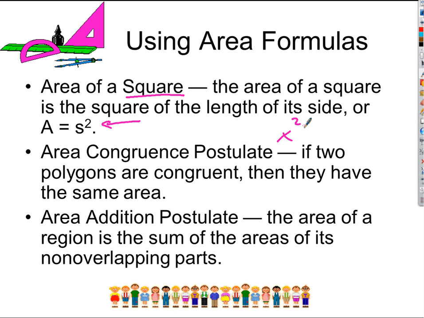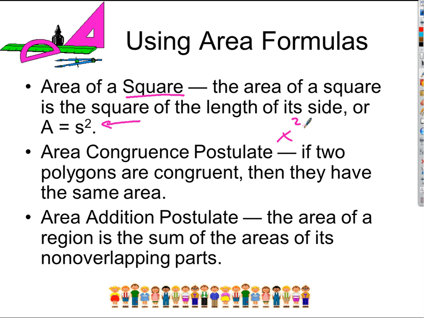It falls into the category of, does this make sense? If two objects, two polygons, could be quadrilaterals, could be triangles, could be anything, are congruent, first of all, what's that mean? If two shapes are congruent, they have the same what?